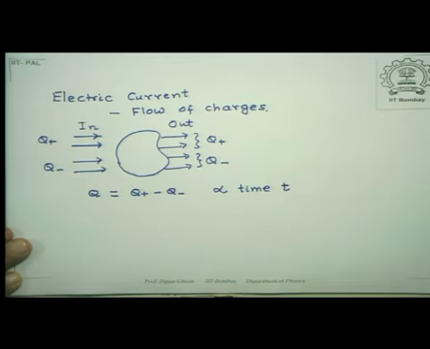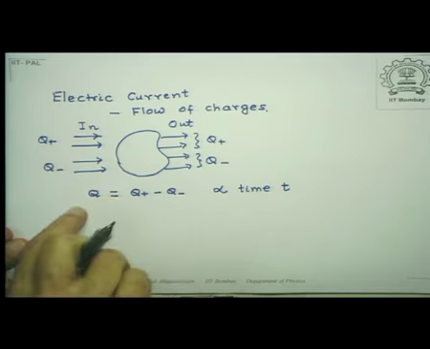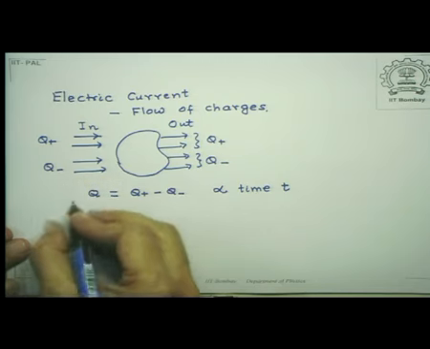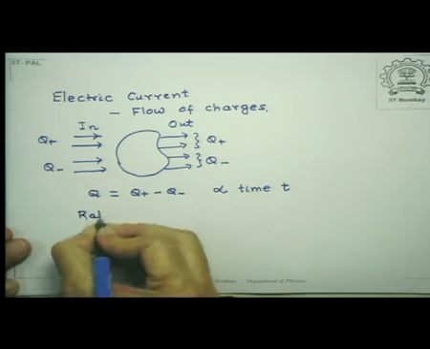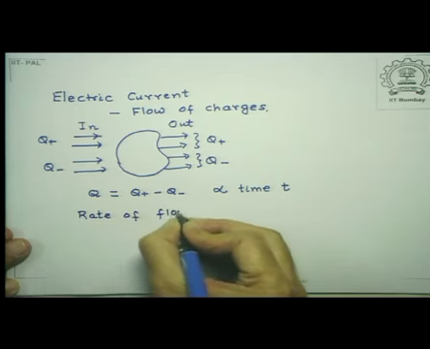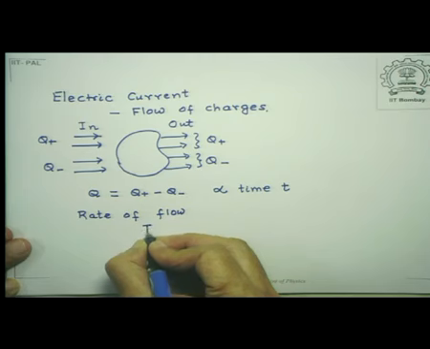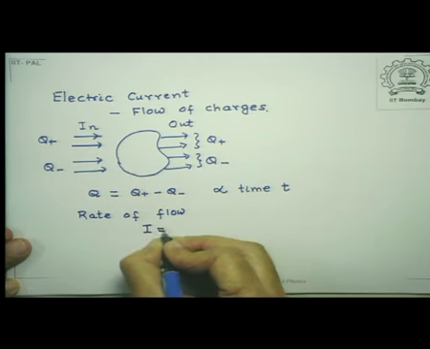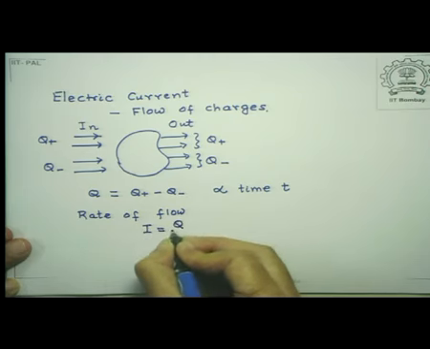So, in other words, the rate at which the charge flows, that I will define formally as my current, is equal to Q divided by t.